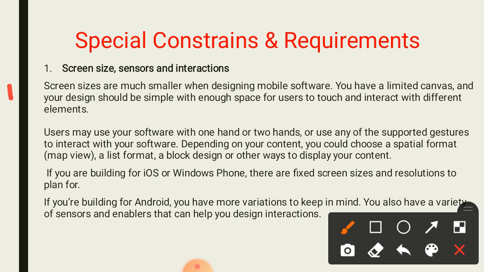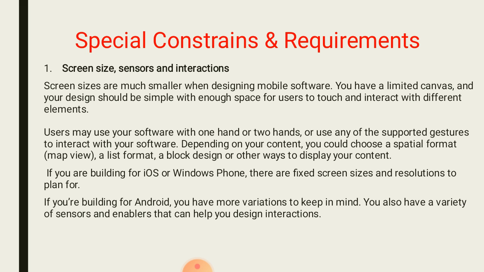If you are building for iOS or Windows Phone, there is a fixed screen size and resolution to plan for. If you are building for Android, we have various variations to keep in mind. If you have a variety of sensors, then enable them with the help of design interactions.